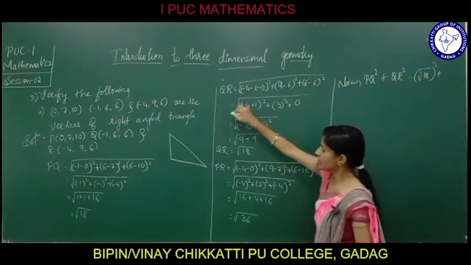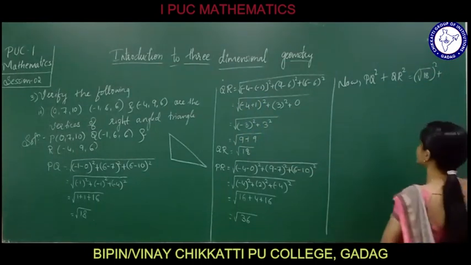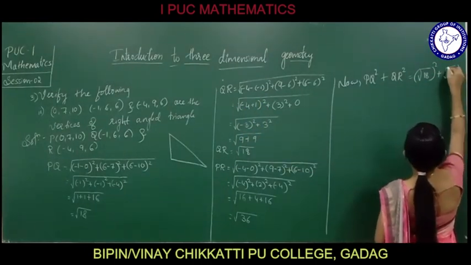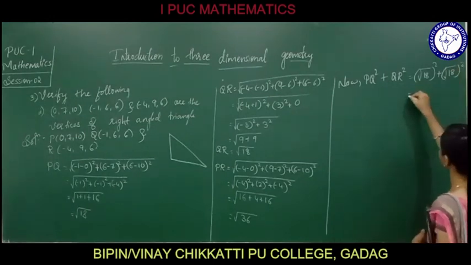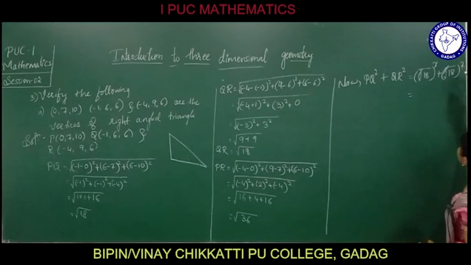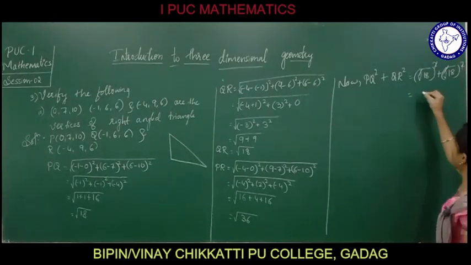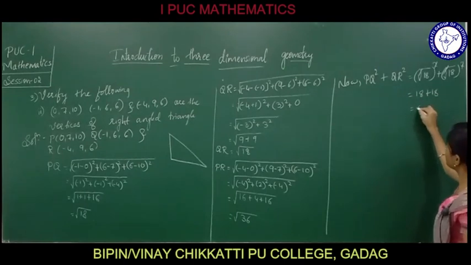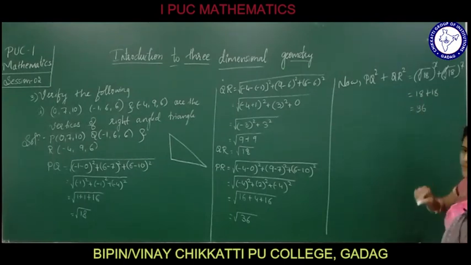QR is also root 18, so root of 18 square. Root and square get cancelled, and I am left with 18 plus 18, which is 36.